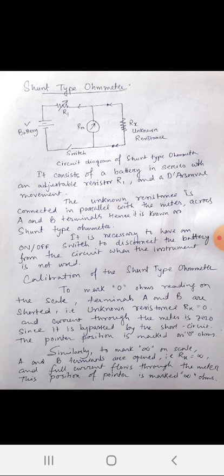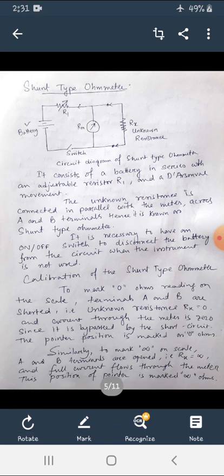Short means we just connect two terminals, here A and B. The unknown resistance at that time is Rx equal to 0, and the current through the meter is also 0. It is bypassed by the short circuit. Through the meter there will be no current; all the current will be bypassed through the path through A and B. The pointer is marked as 0 ohm at that time.